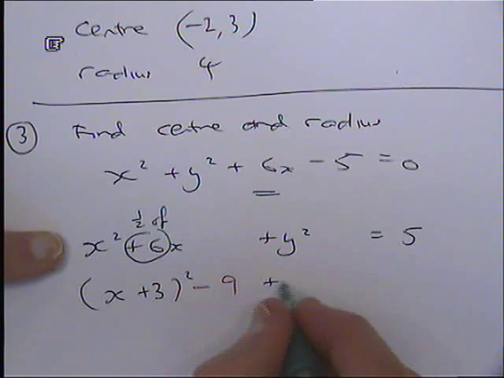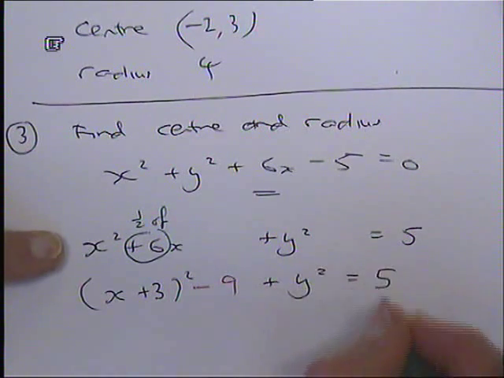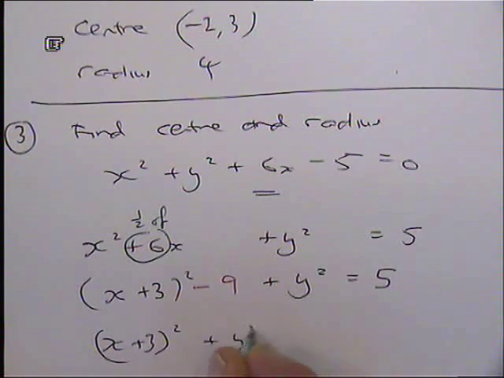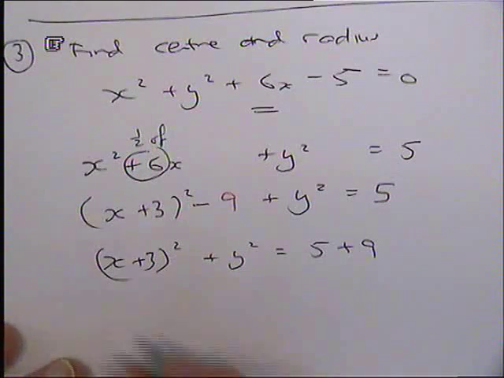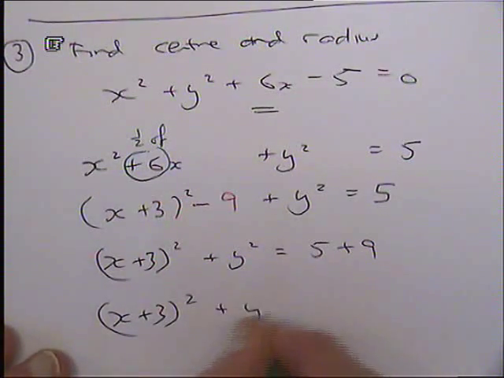Now, y squared I can just leave as y squared. Okay, so I can leave it like that. I need to move that 9 to the other side, where it becomes a positive 9. And I can just add those two numbers together.